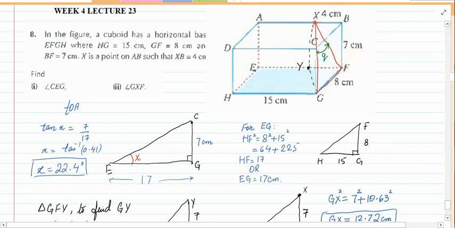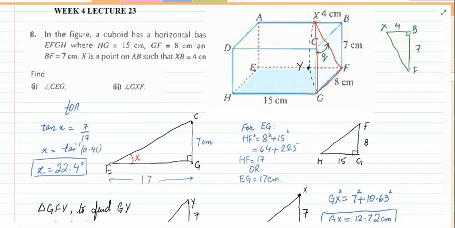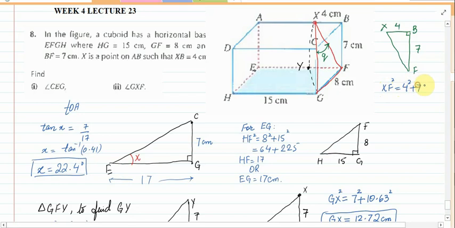So I'm going to draw the triangle just right here, the triangle XBF. So the value of XB is 4, the value of BF is 7, and we need to find the value of XF, and that is our 90 degree. So XF square is equal to 4 square plus 7 square. 4 square is 16, 7 square is 49.